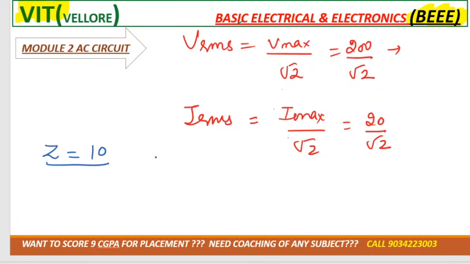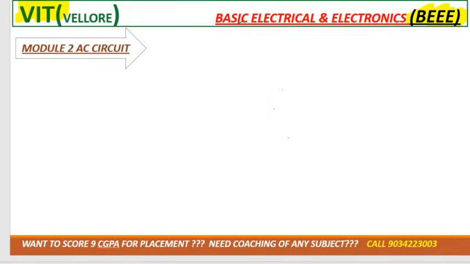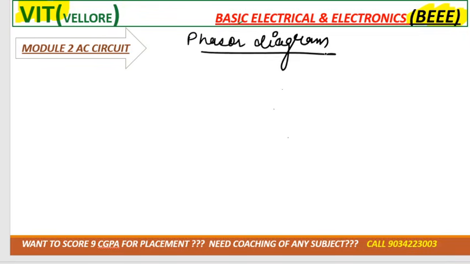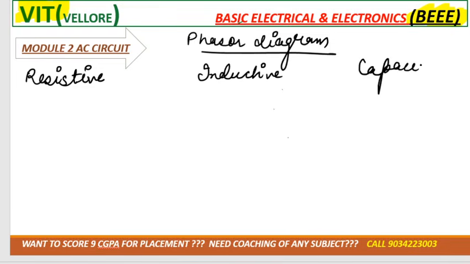Impedance is 10. But impedance can be R, can be RL, can be RC, can be RLC, right? So for this you must know about the phasor diagram. Basically, in the phasor diagram, again we'll have three kinds of load. One is resistive load, one is inductive load, one is capacitive load, correct?